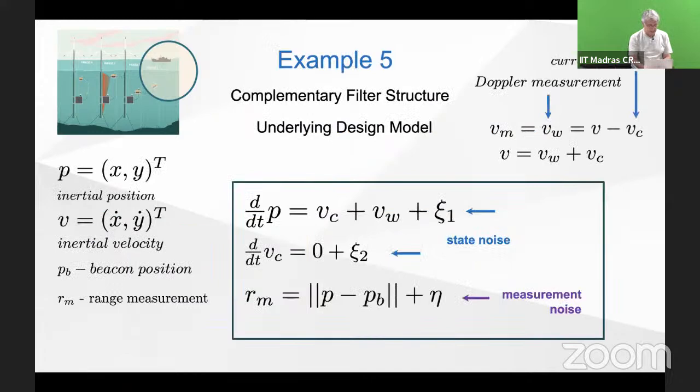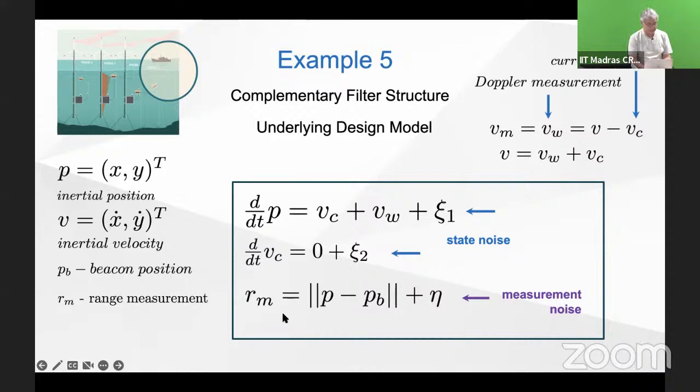Conceptually, it's not very different because you have here the derivative of the position of the vehicle is the velocity with respect to the water plus the velocity of the current plus the noise. The velocity of the current is approximately constant, so the derivative is 0. And now what is it that you can measure?